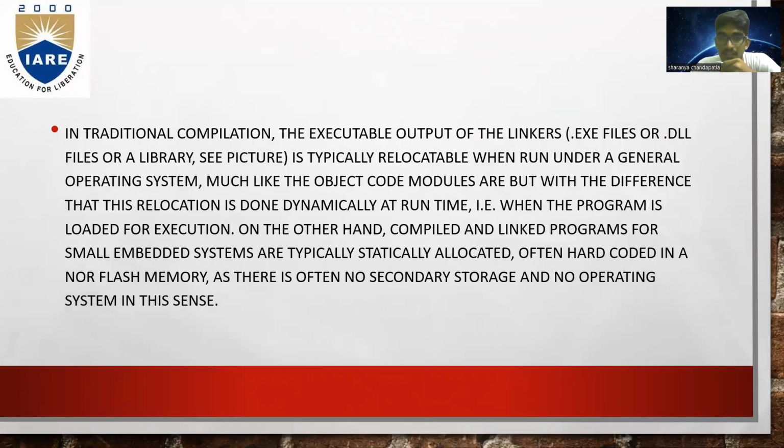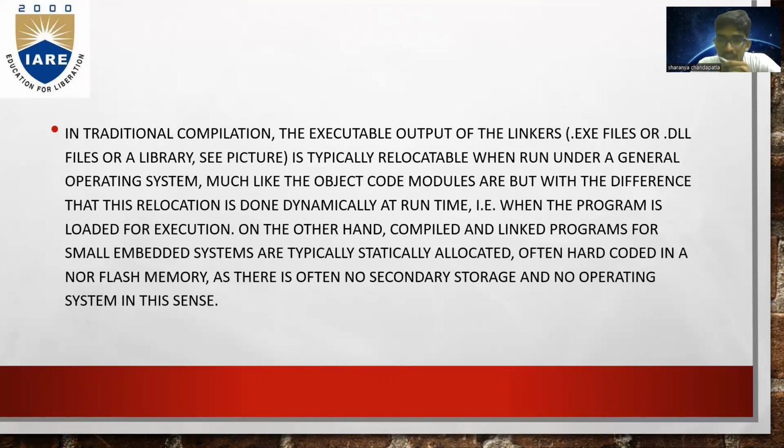In traditional compilation, the executable output of the linker, an .exe file or .dll file or a library, is typically relocatable when run under a general operating system, much like the object code modules are, but with the difference that this relocation is done dynamically at runtime.